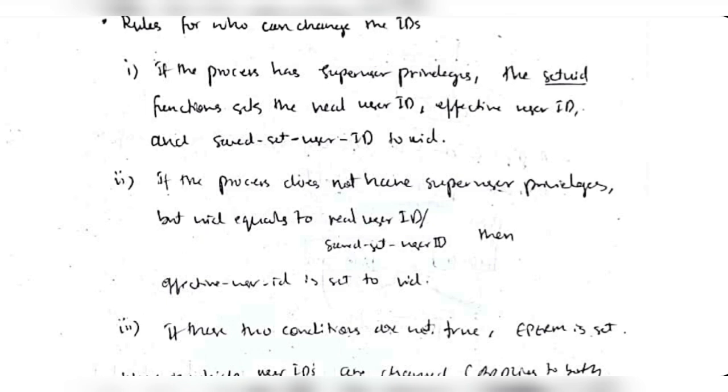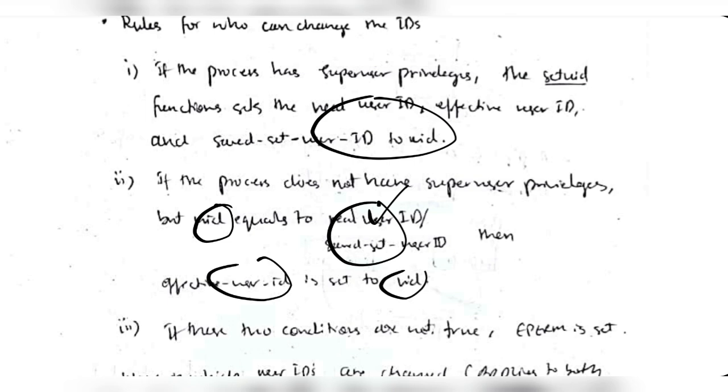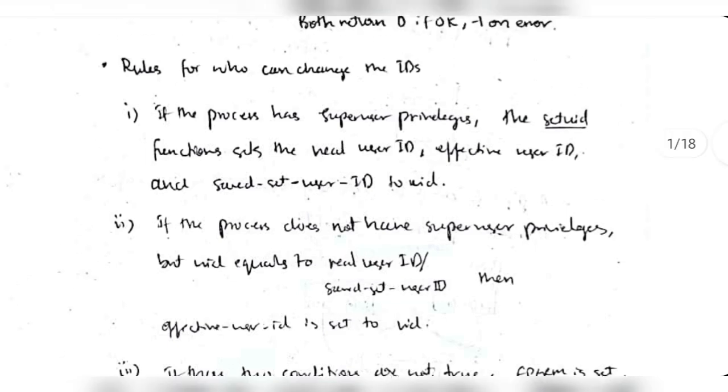If the user is the admin, he can set all of these to the top level. If he is not the admin, then he should have these two as the UID, and then he can set the third also to the UID. If both are not true, EPERM is set. That's it. These are the rules for changing the IDs.